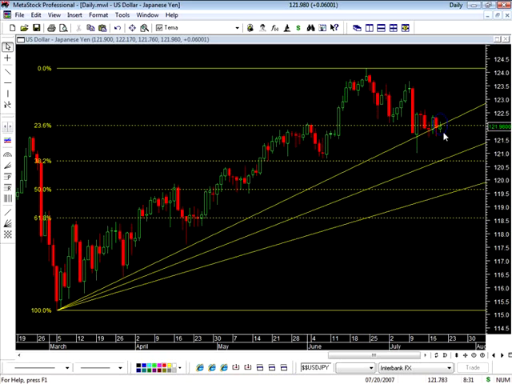Now, in this case, I'm looking for a breakout, and I'm going to deviate a little bit from the way I've been talking about my analysis, in that I have drawn these Fibonacci retracement levels on an uptrend, and yet I'm frankly much more interested in trading this particular pair short.